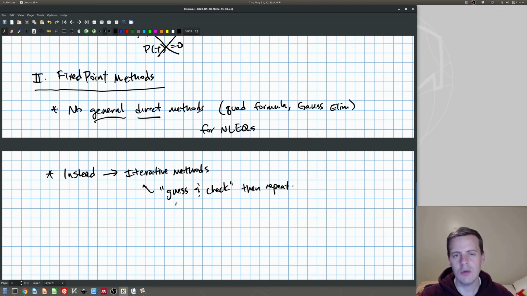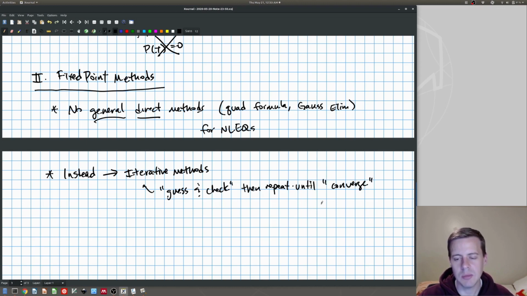You make a guess, you check if it's right, then you update it to a better guess, and then a better guess, etc., until you hopefully converge to the right answer. So you repeat until we say we converge.